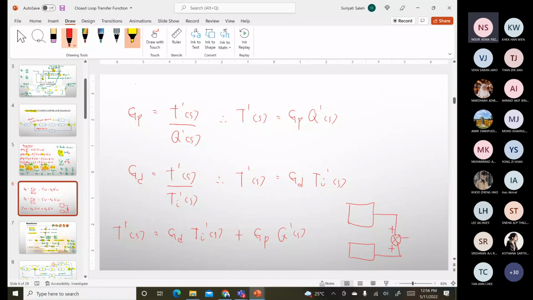Positive, positive. This one is your T. This is your Ti prime S, and this one is your Q prime S. So this is your GD and this is your GP. So that's where the positive comes from.